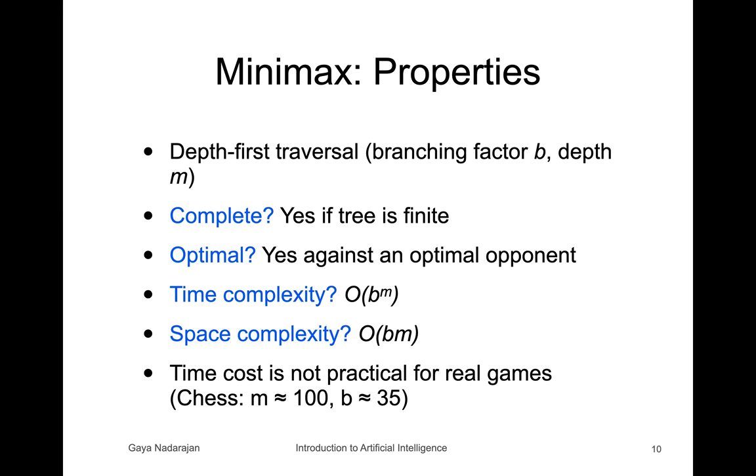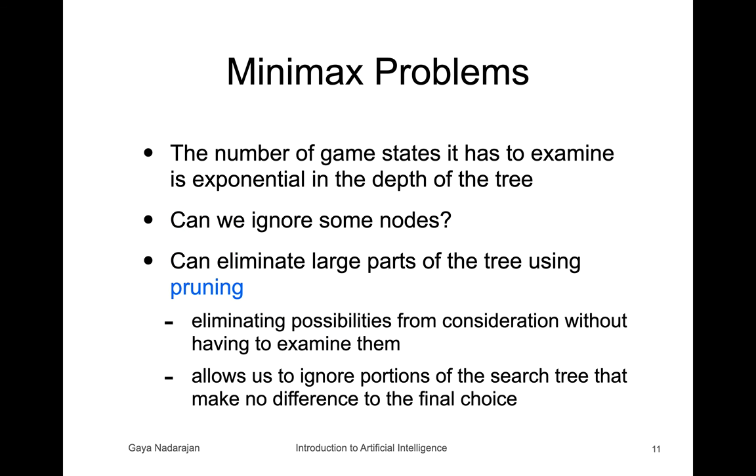So, for chess, which has about 100 moves, 50 moves for each player, that's basically a depth of 100, and a branching factor of roughly around 35, you're going to have 35 to the power of 100 for the time, which is so impractical. So this brings us to the problem that the number of game states it has to examine is exponential in the depth of the tree.